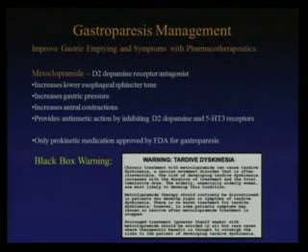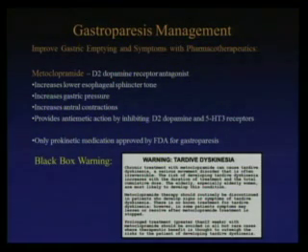It has several properties in that it increases the lower esophageal sphincter tone and can reduce some reflux symptoms. It can increase gastric pressures and the degree of antral contractions within the stomach. And also, it can provide some antiemetic action by inhibiting the D2 dopamine and 5-HT3 receptors in the chemoreceptor trigger zone.